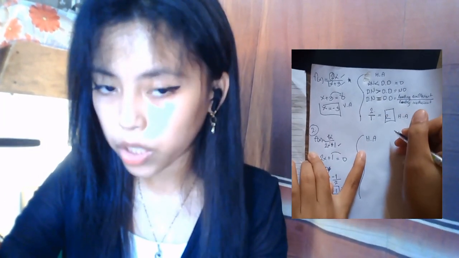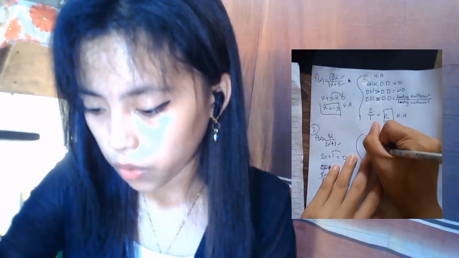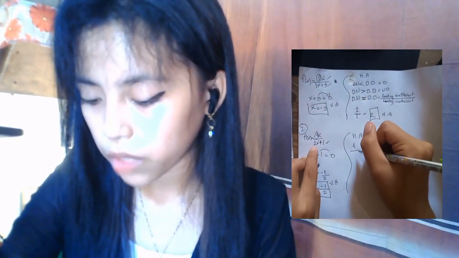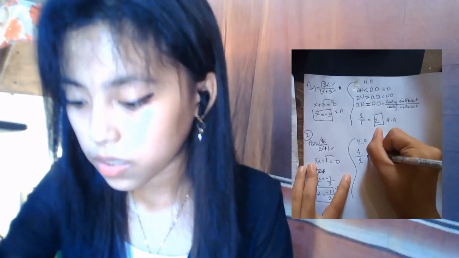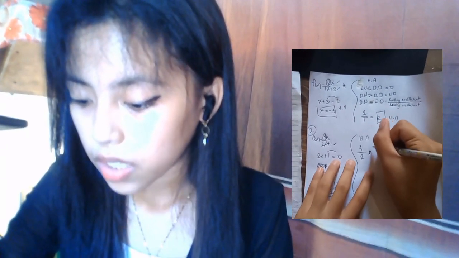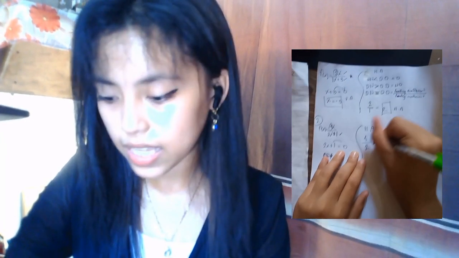So, again, we're going to base it on statement number 3. We're going to get the leading coefficient. The leading coefficient of our numerator is 4, and the leading coefficient of our denominator is 2. Now, we simplify it. 4 divided by 2 is equal to 2. This is our horizontal asymptote.